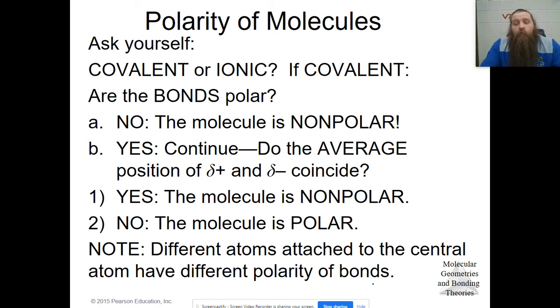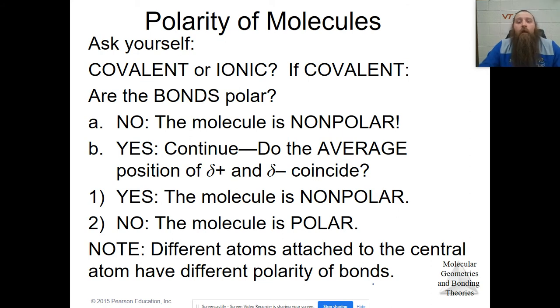Now, polarity comes back into play here. So when we're looking at the shape of a molecule, the location of those electrons may indicate that that molecule has some polarity. So kind of a thought process for looking at a 3-dimensional structure and saying, is this a polar molecule? Is there polarity present? So start with this question. Is it covalent or ionic? If it's ionic, it's not polar.